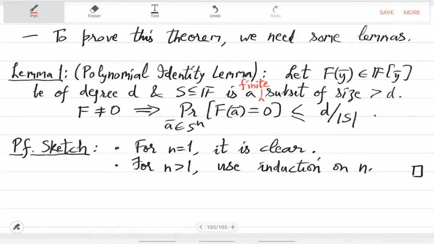It's not that the density is very high, even though there are infinitely many roots. So different things are happening here. Those questions are there in the assignment; I think 2 questions are dedicated to this. What you have to remember is that non-zeros are dense in S to the n. That is what this polynomial identity lemma is saying.